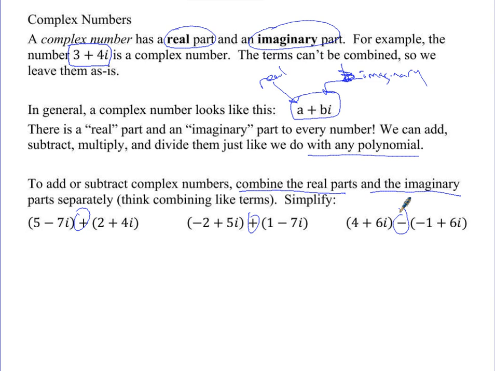Because of that, we are just going to combine like terms. So on this first one, we have 5 plus 2, which is 7. Then we have negative 7i plus 4i, which gives me negative 3i. That's your answer. You're basically just combining like terms.